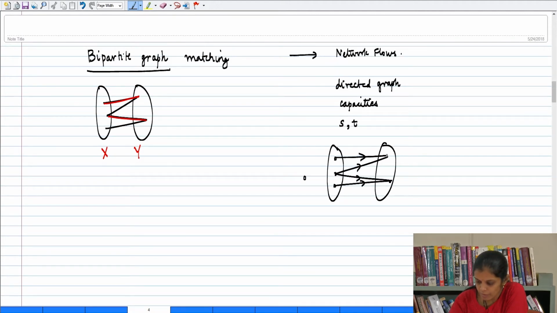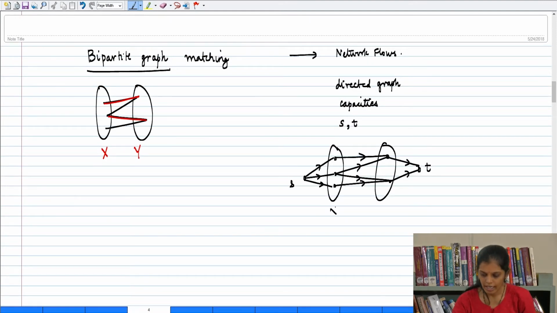Till here I have at least gone from an undirected graph to a directed graph. Now I am going to add two dummy vertices S and T. I am allowed to change my networks as long as I do it in polynomial time. In fact, one can do even larger, but here I am doing only a constant amount of addition. Okay, this is my flow network.